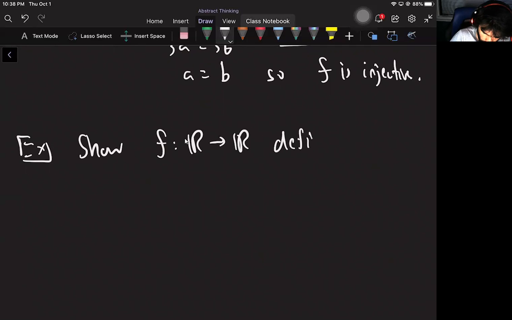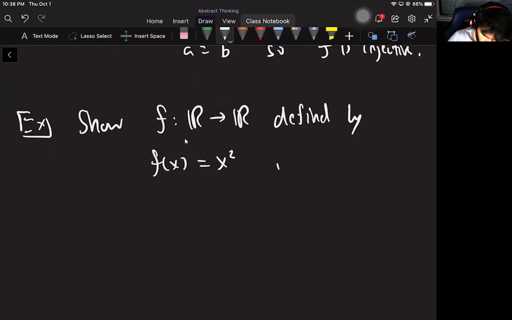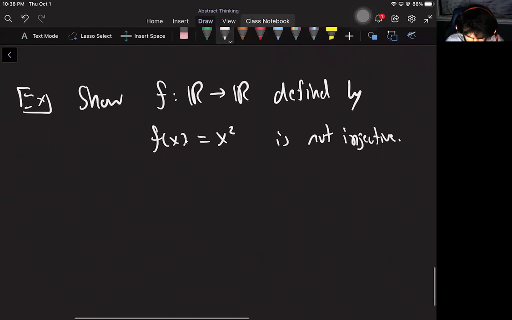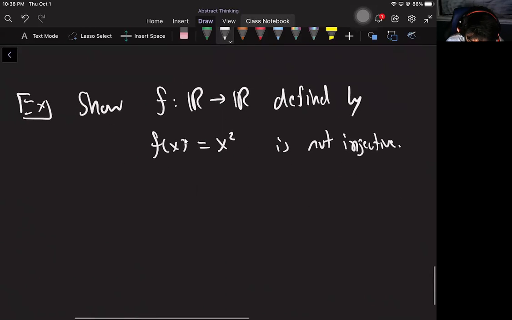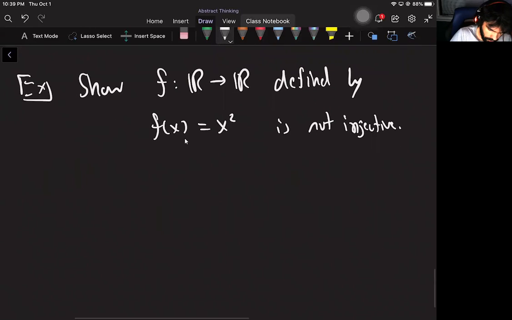So this will be defined by x squared is not injective. To not be injective just means that two elements do go to the same place.